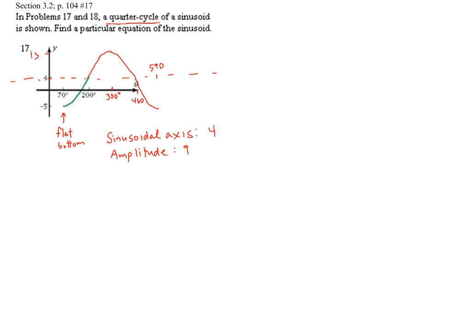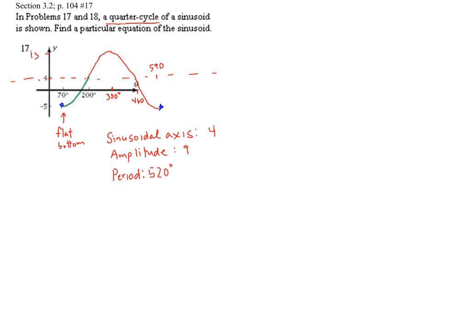The phase, well, we kind of have to do all of the x ones at the same time, so let's go ahead and figure out the period. A full cycle would go from this point at 70 to this point at 590. So the total distance from 70 to 590 is 520 degrees.